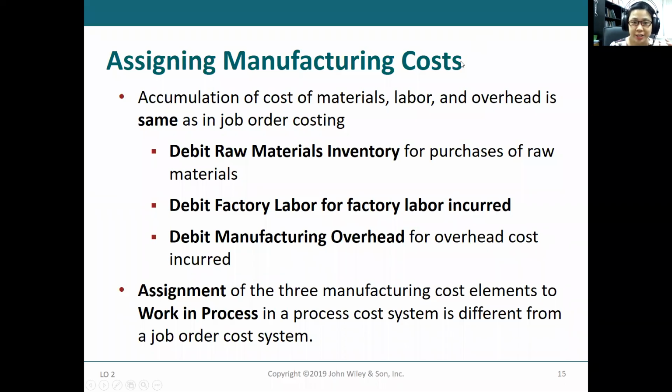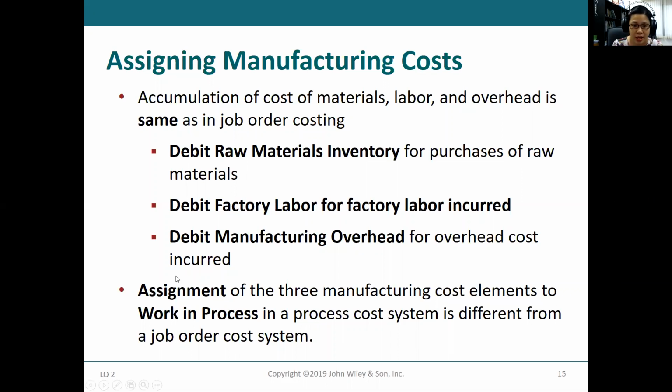Now, let's look at the journal entry for manufacturing costs in a process costing system. When we accumulate the cost of material, labor, and overhead, it will be the same as job order costing. When we purchase raw materials on account, we debit raw material inventory and credit accounts payable.